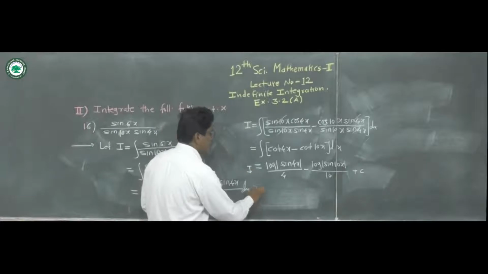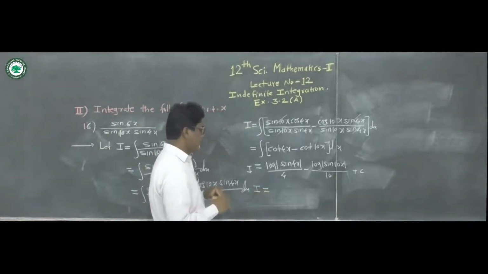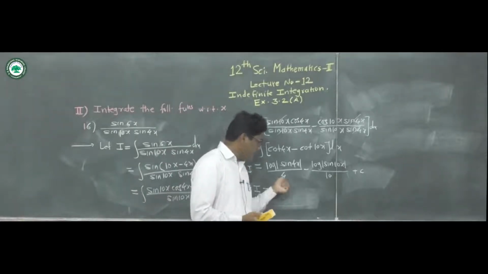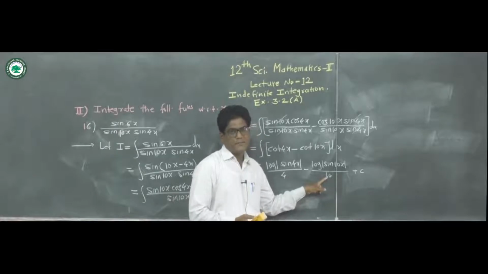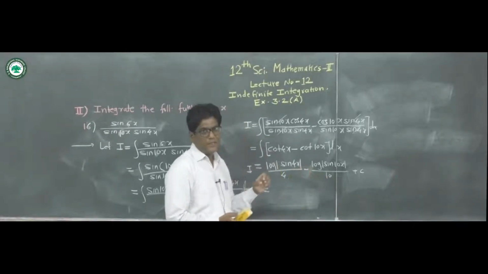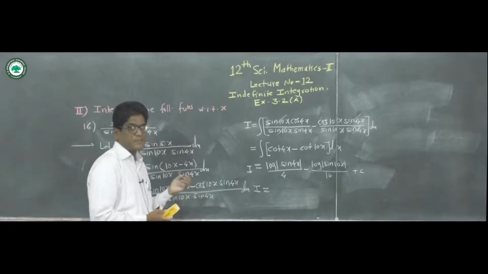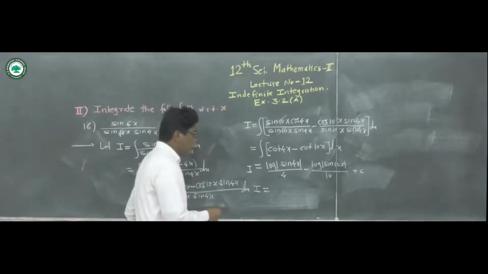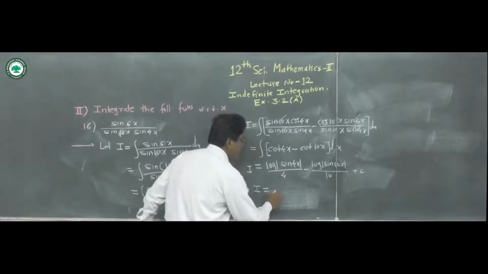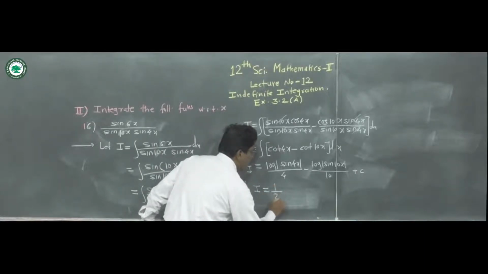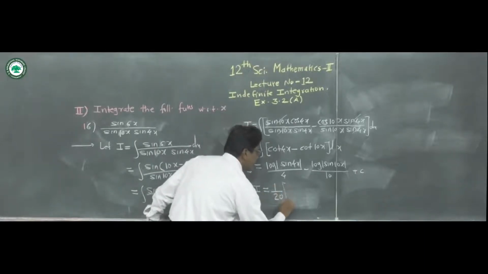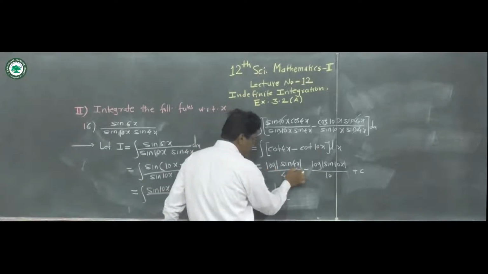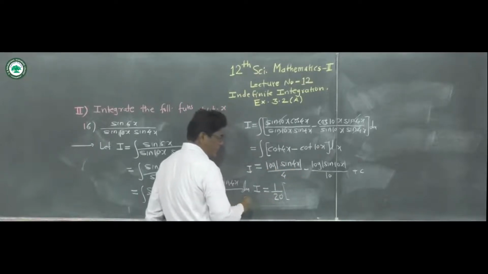Now here again we solve here. We know that the LCM of 4 and 10, in the table of 4 and 10 there is 20 firstly, and so 20 is the LCM. So we multiply by 20 and divide by 20. So 1 upon 20 into 20 into this. So 4 5s are 20.